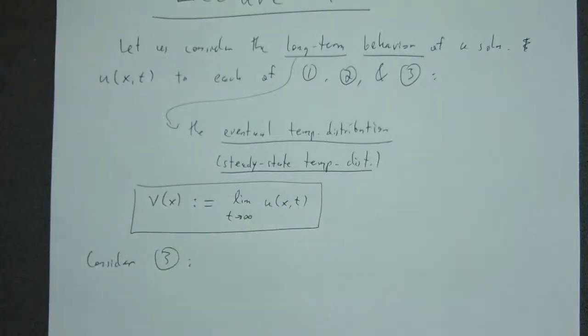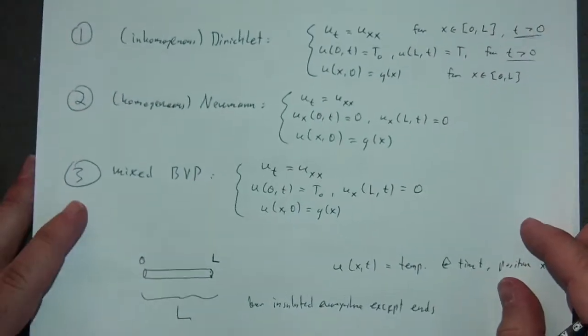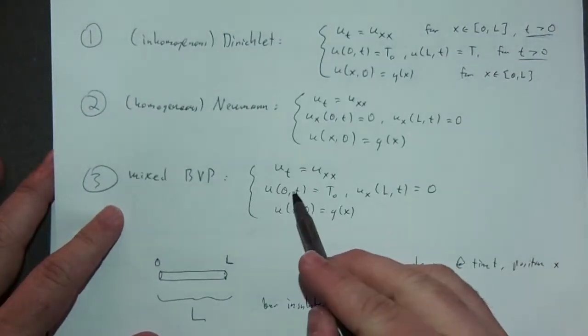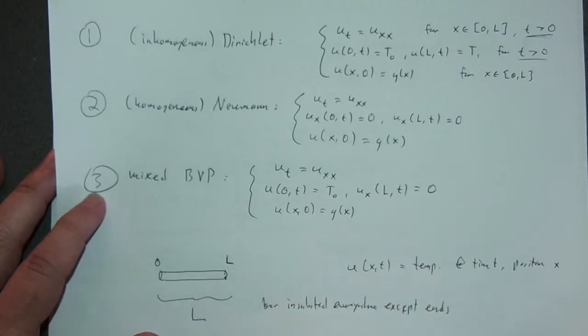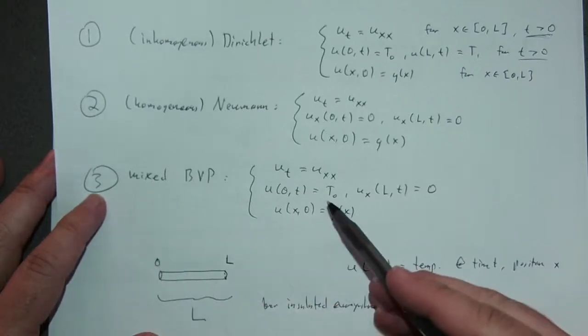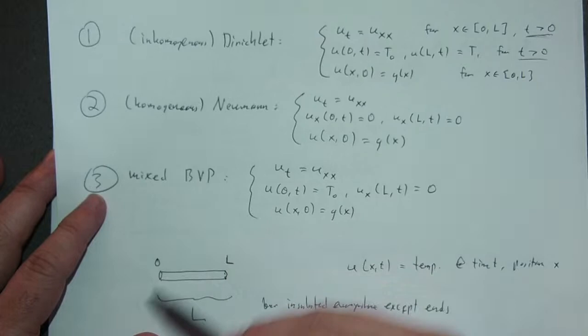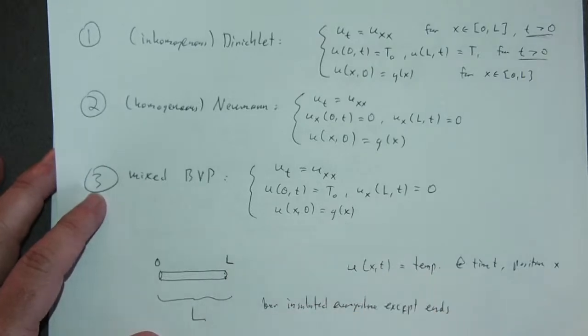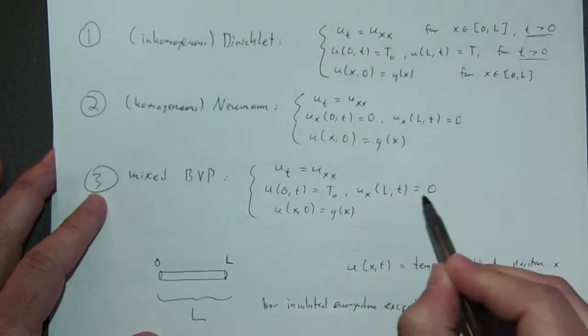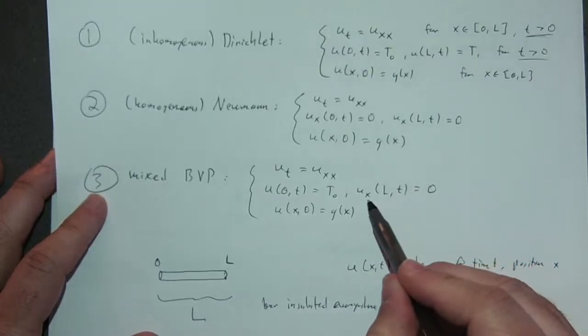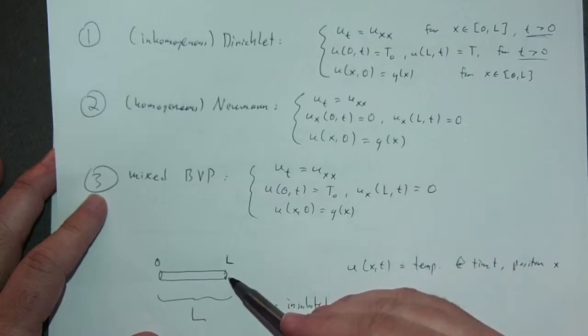What is happening here? In this case, one of the ends is attached to my giant room, or my giant universe, with constant temperature T naught. And the other end is insulated.